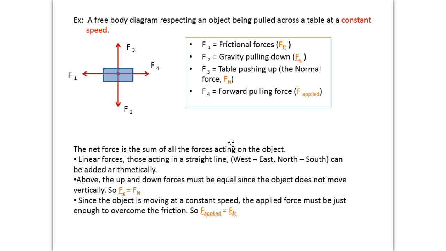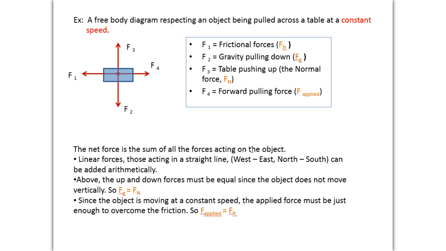Alright, so a free body diagram representing an object being pulled across the table at a constant speed. We have a force here pulling an object across the table. There will be a frictional force, a force of gravity, and a normal force. The net force of an object is the sum of all the forces acting on an object.